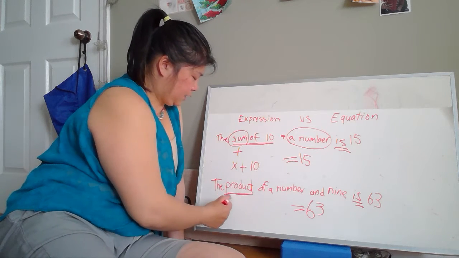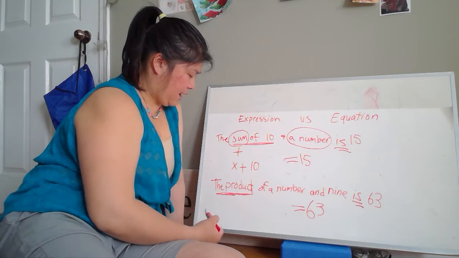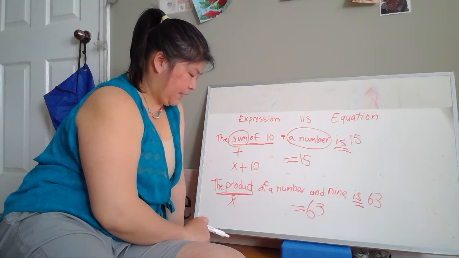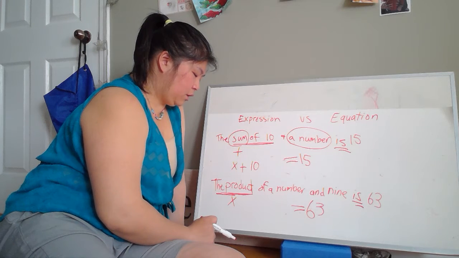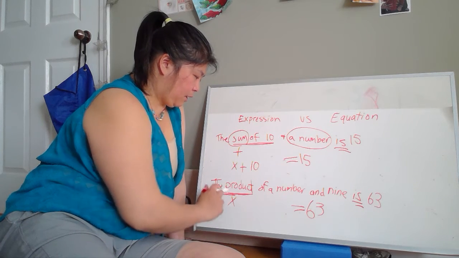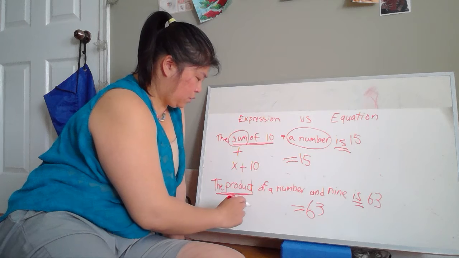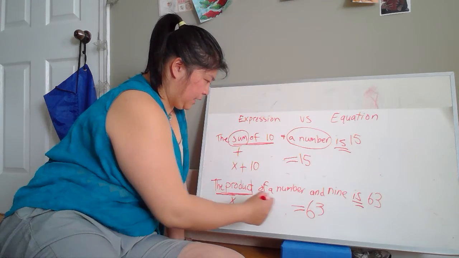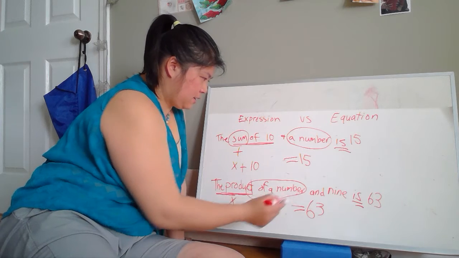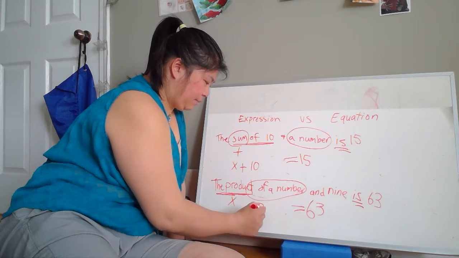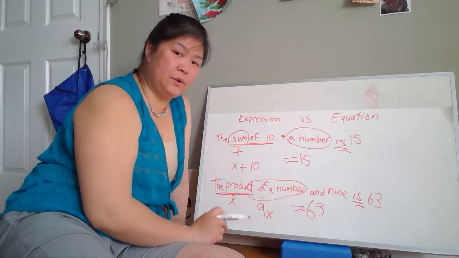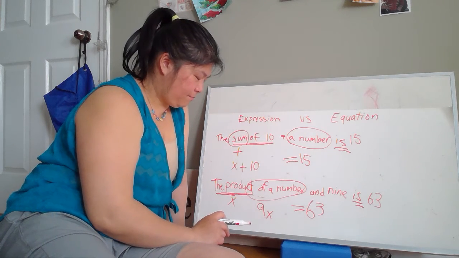Product is a word that we use in math, and it means multiply. Multiplication. So you're multiplying a number with 9, and you represent that as 9x. So 9x equals 63.